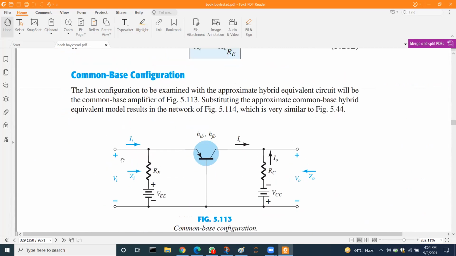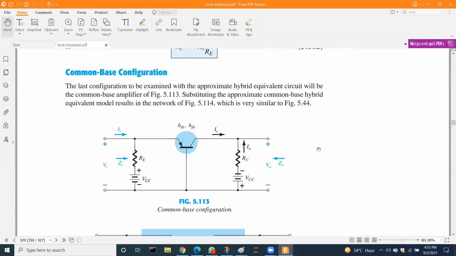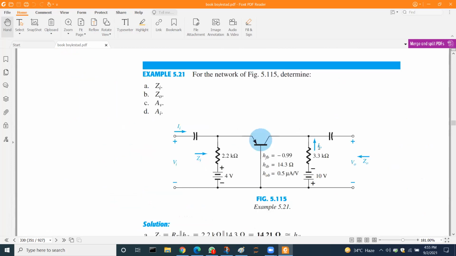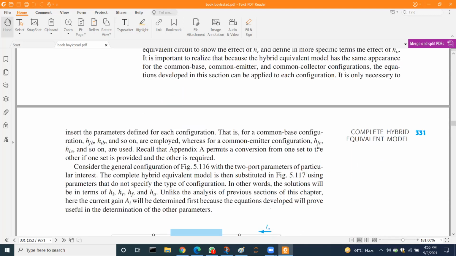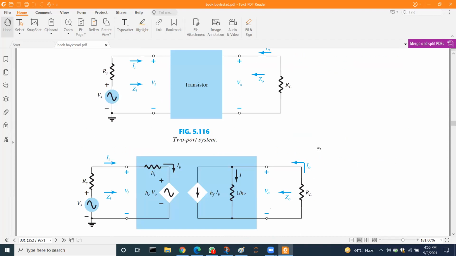We are not interested in the common base configuration and similarly the common collector configuration, but our primary aim is to understand the common emitter configuration and configurations which are based on common emitter circuits.